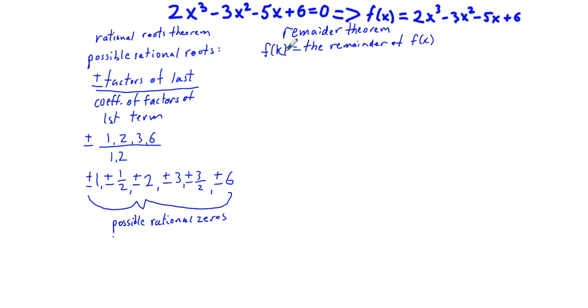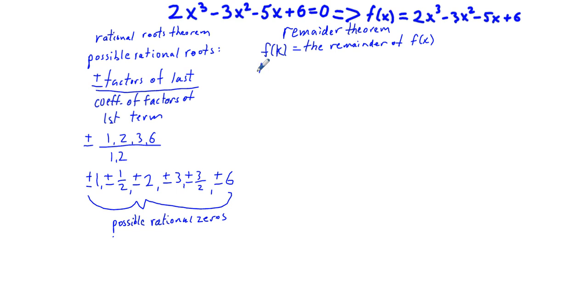And so if we plug in a value, which they call k, into an equation, in this case we're going to find out what the remainder is. And if the remainder is 0, we know that the value k is a 0. So that's related to the factor theorem. So we're looking for zeros in this manner, and we're looking for 1 initially. If we find that, then we're going to have an easier time of it.